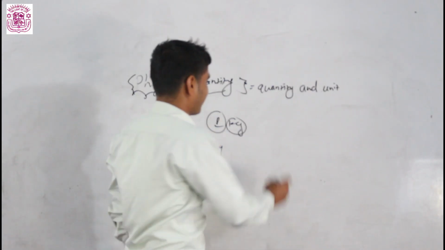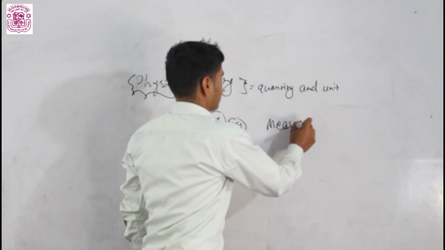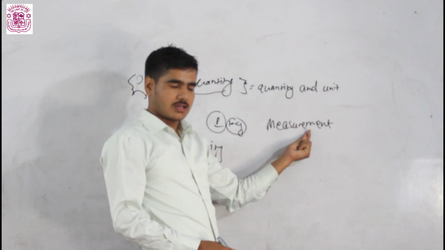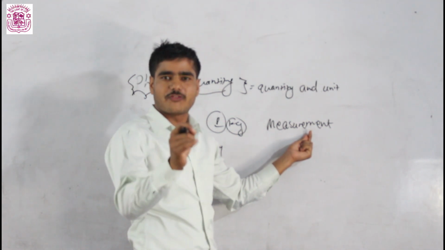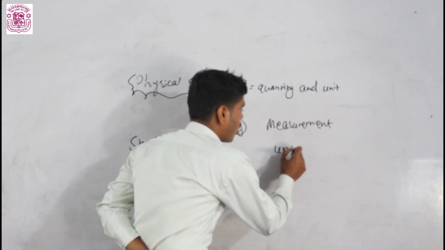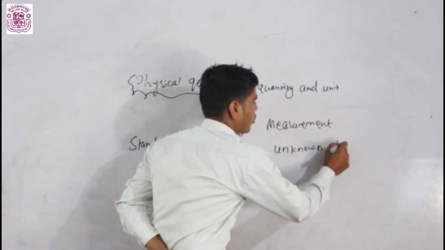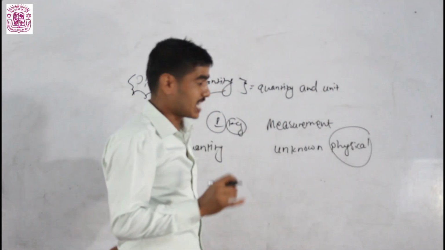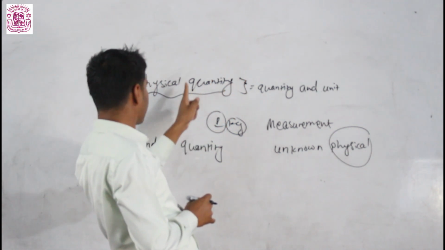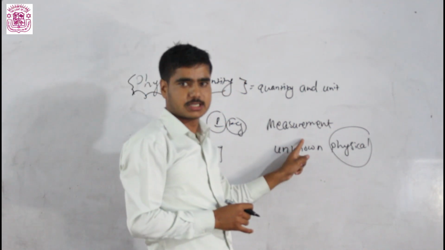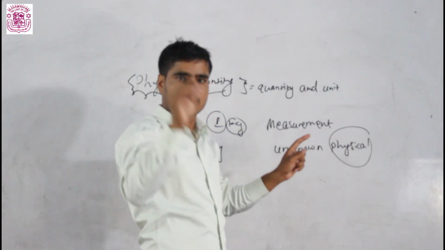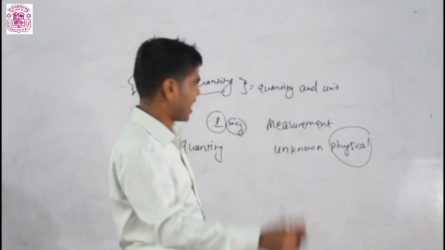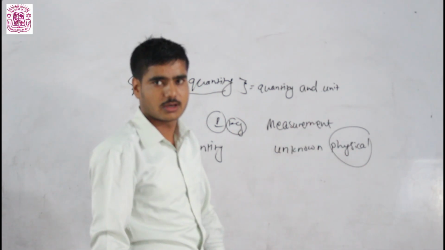I think you are very clear about measurement. Then let us define it here. Measurement is defined as the comparison of an unknown physical quantity with a known standard physical quantity. Why am I keeping the word physical here? I have already said that only quantities which can be measured are applicable for measurement. For example, the love you show to your parents: you cannot measure how much you love your parents. 1 kg, 1 meter, how much?